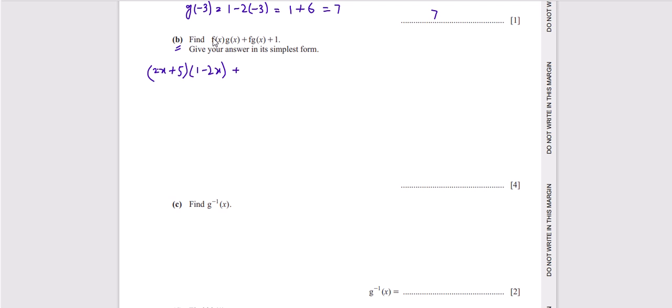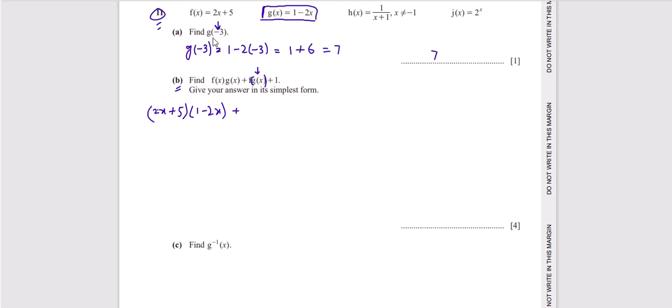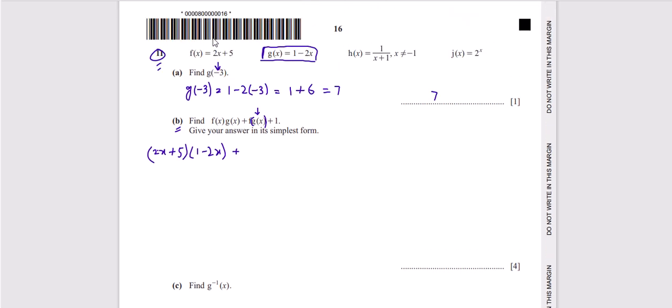Plus f of g of x means that the x value of function f is g of x. Where is the function of f? This one is the function of f.